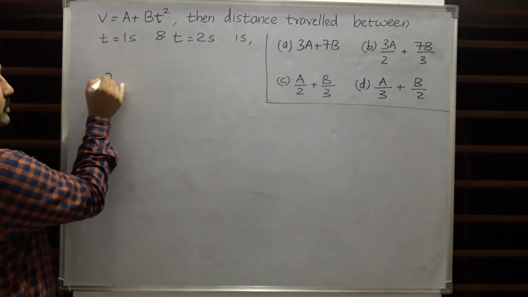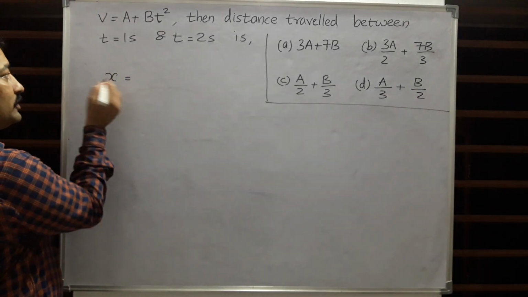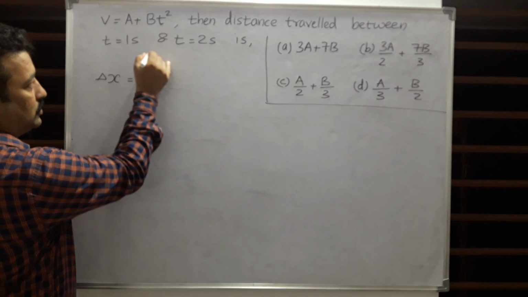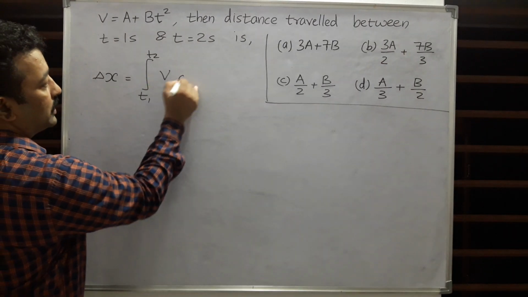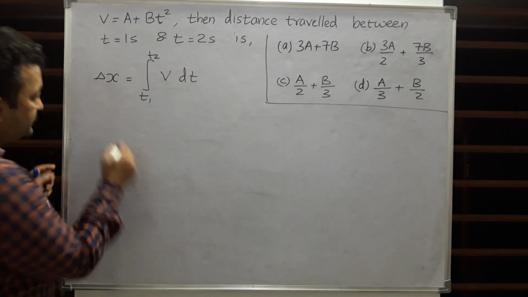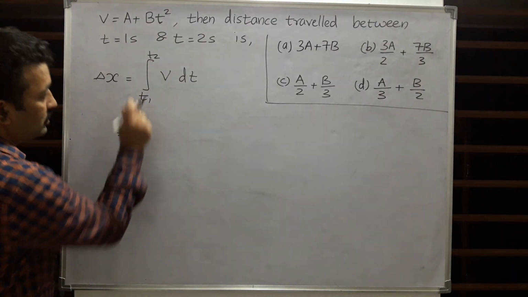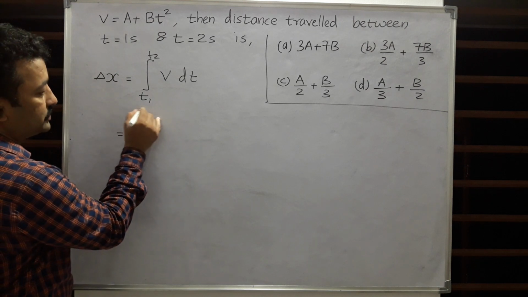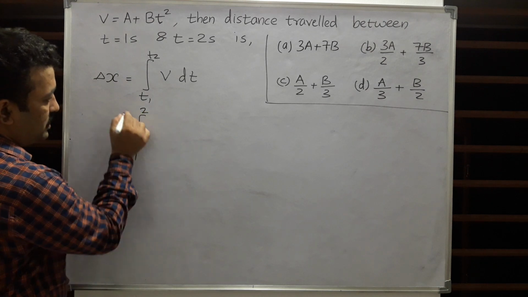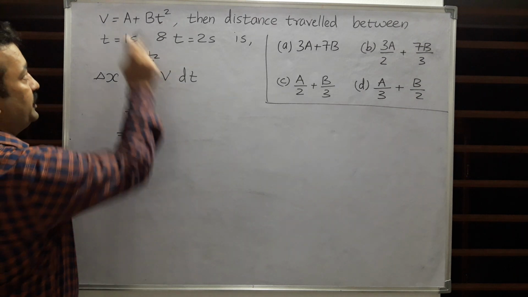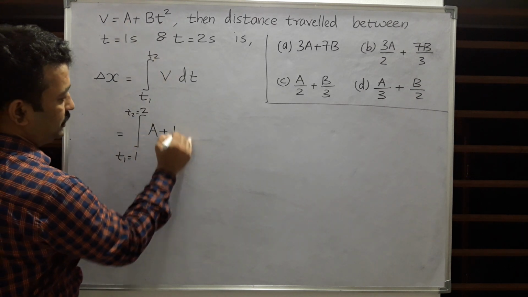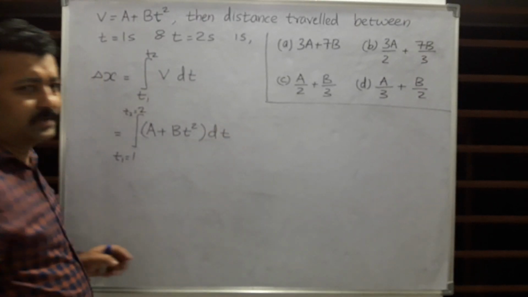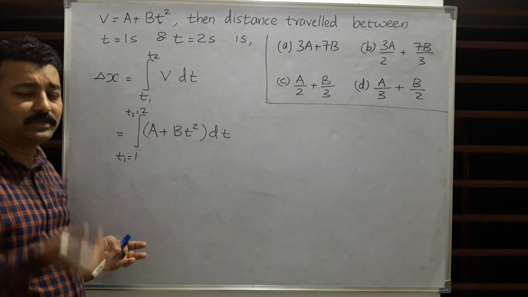We know the distance traveled, delta x, is the integral from t1 to t2 of v dt. Substitute t1 as 1 second and t2 as 2 seconds. Here v is a plus b t square, dt. This is just an integration process and substitution.